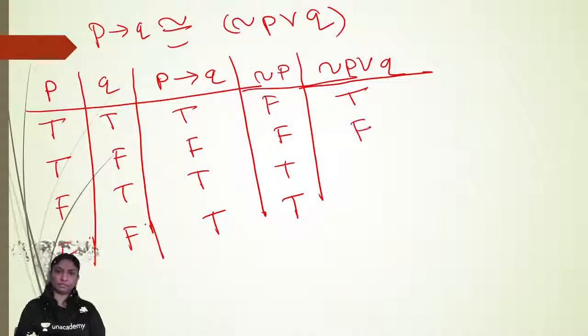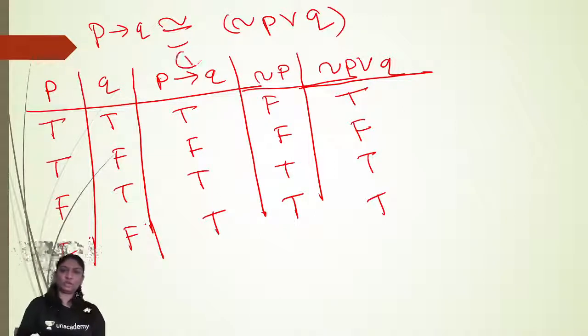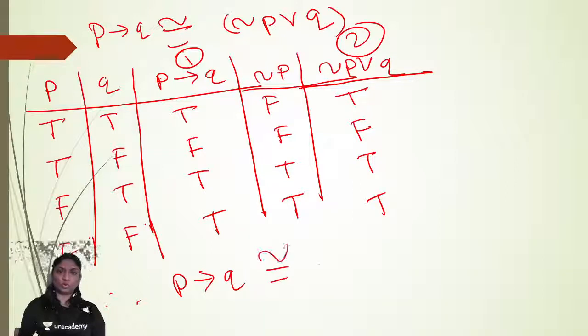So if you observe, both the truth tables are the same. Therefore, P implies Q is equivalent to negation of P or Q.